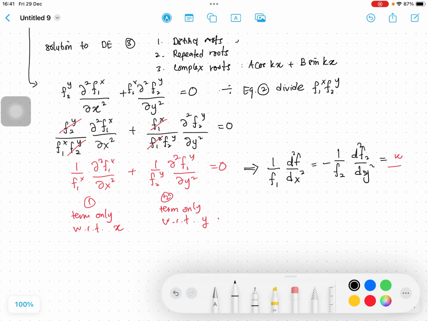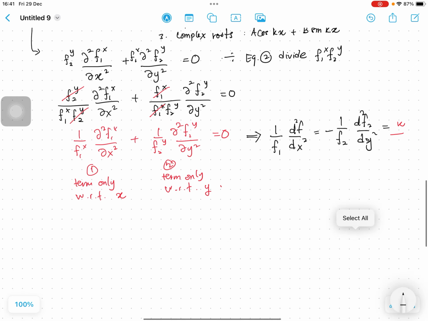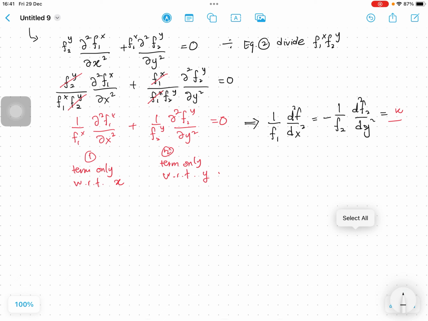This is the way we usually do things. So 1 over f1 d²f1/dx² equals, maybe I choose, minus k.